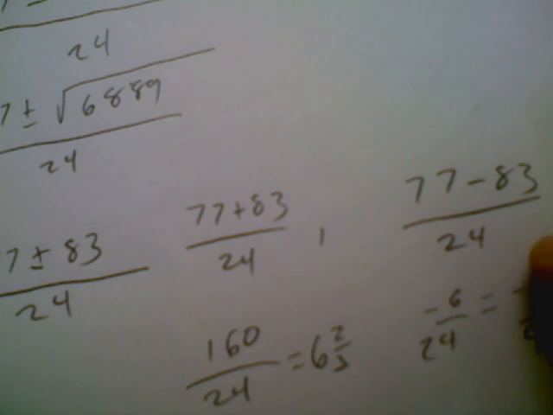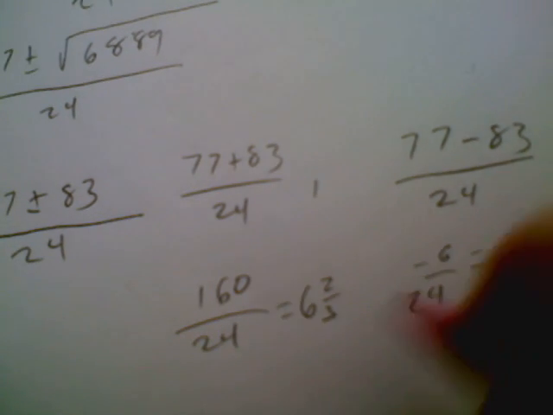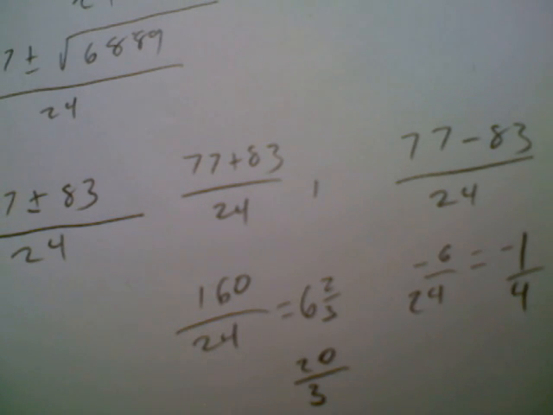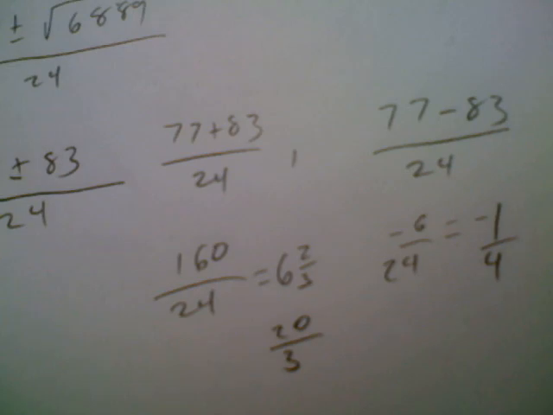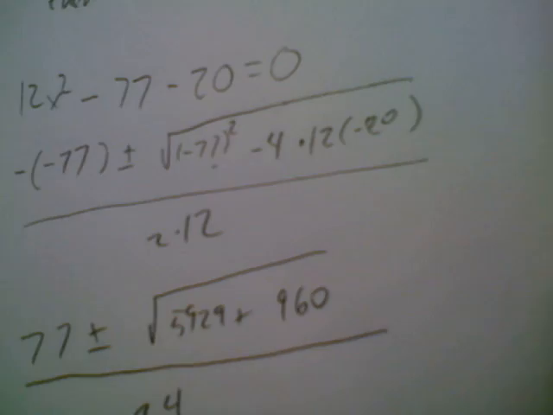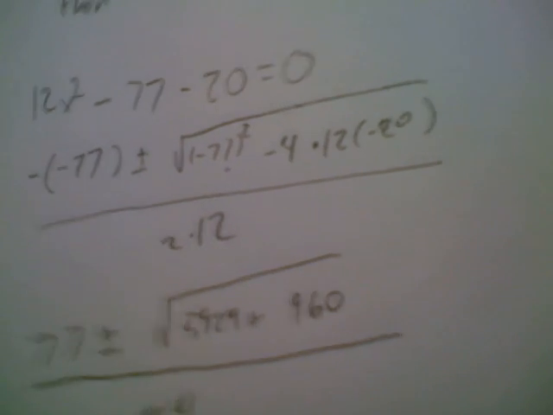The other answer you can put would be 20/3. These are our two answers to this problem right here, 12x squared minus 7x minus 20 equals 0.